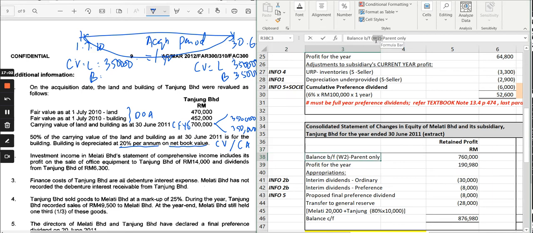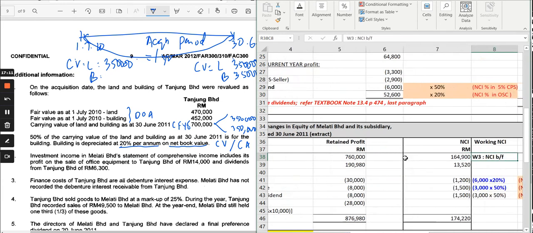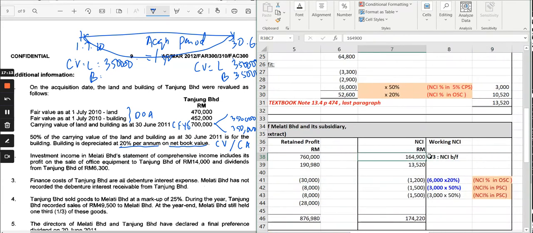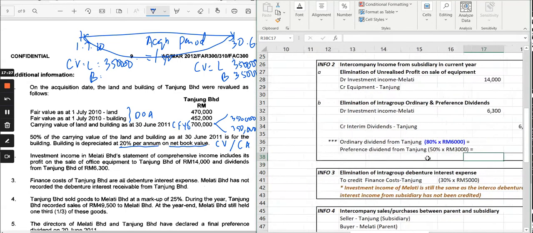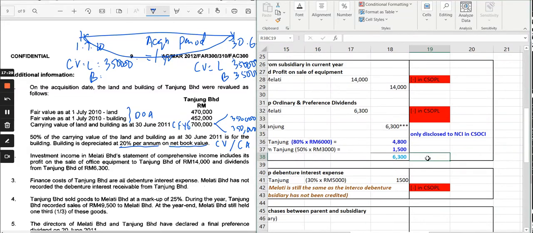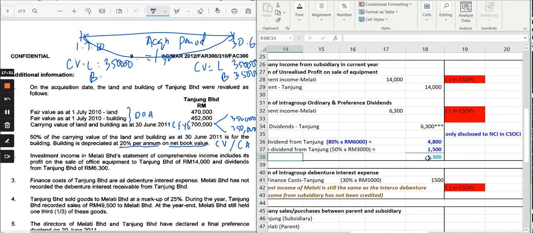But this one will not have the impact of the surplus. What we are going to do is this part on the non-controlling interest brought forward. Later, when you prepare this working to get this figure, I will show you how you get this figure. You need to include the revaluation surplus for both land and building.